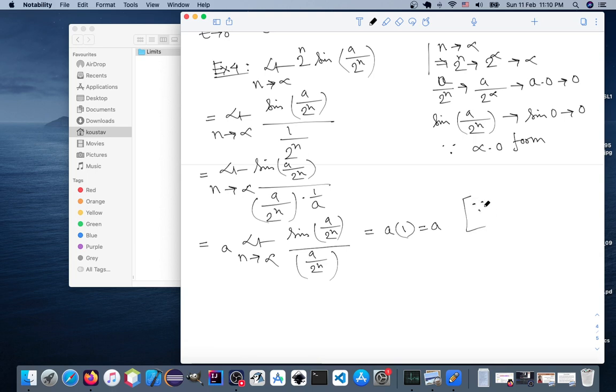We have used the result limit x tends to 0 sin x by x equals 1. So a is the answer.